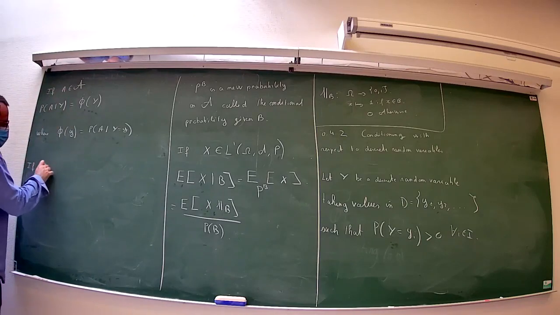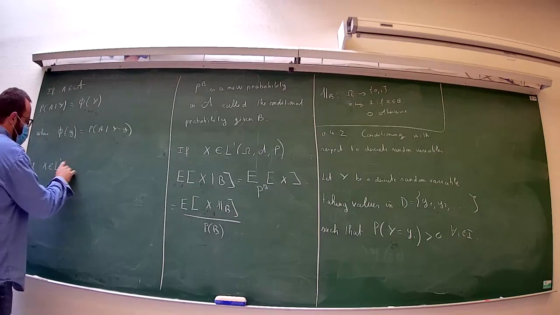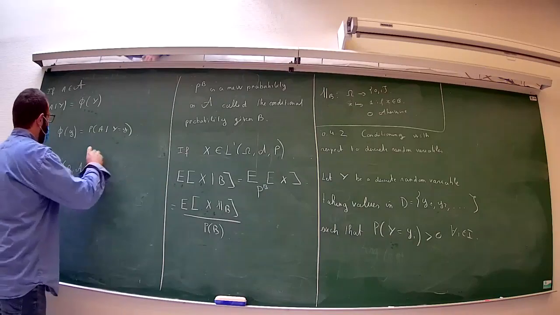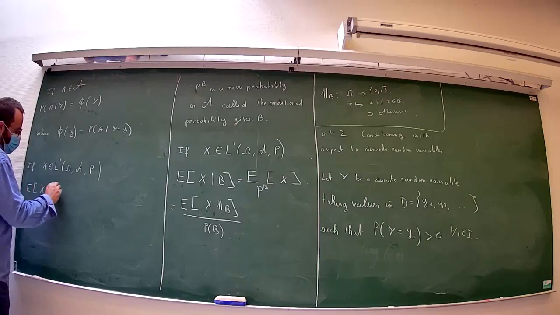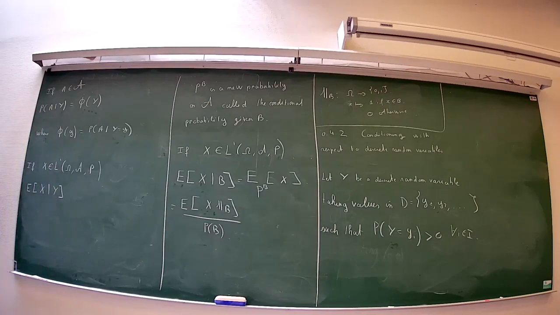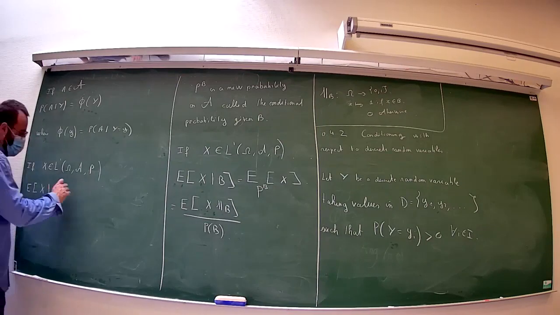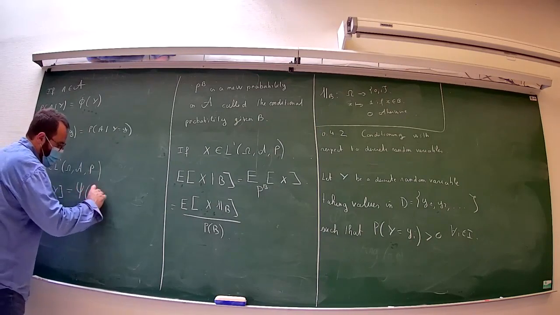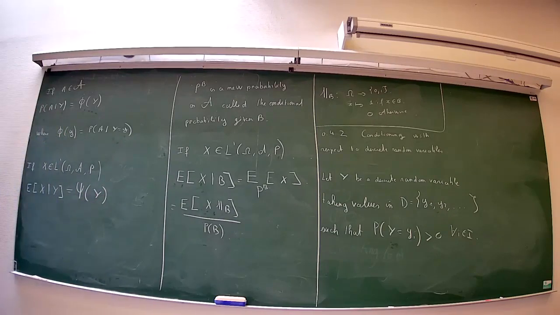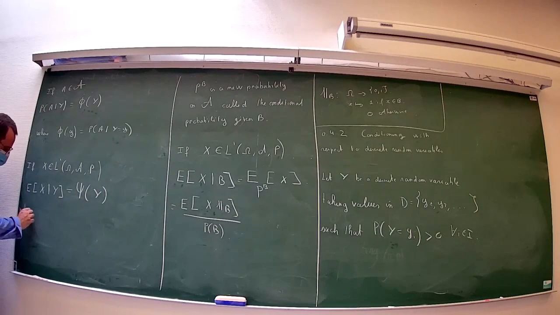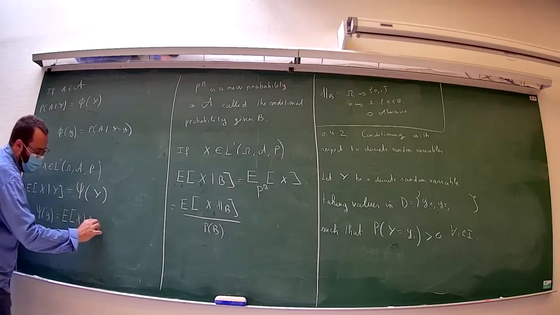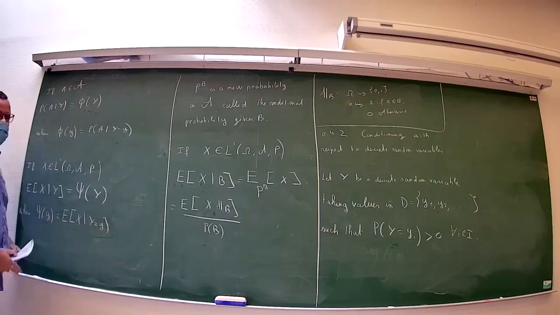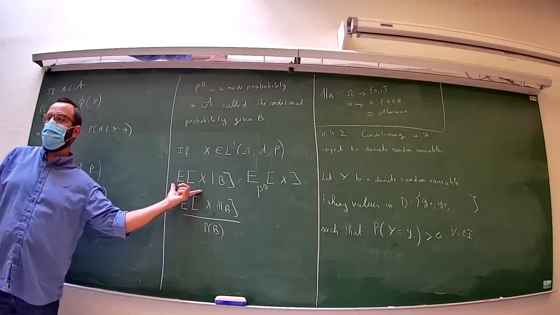If I take X belonging to L1, I can define the expectation of X given capital Y. It will be once again a random variable taking the form of a function of capital Y, where psi of small y is just equal to the conditional expectation of X given capital Y equal to small y, this one being defined in the previous case.